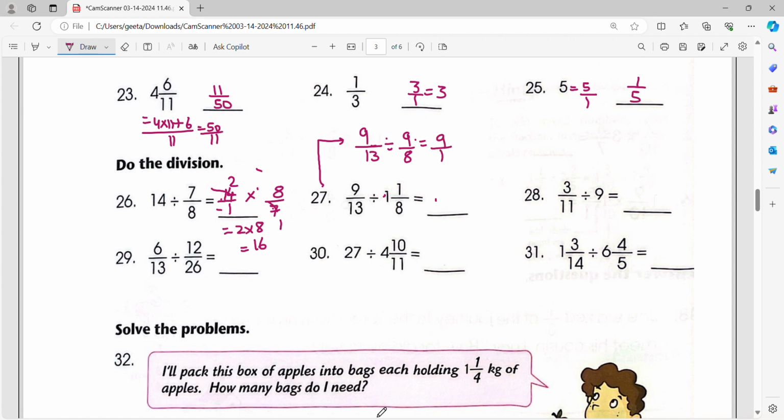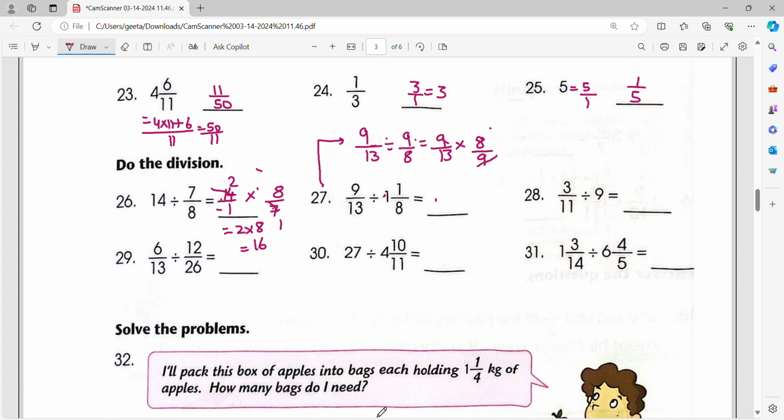This is the symbol of divide. 9 by 13 divide. But I have to convert this divide into multiply. So what should I write? What will happen to 9 over 8? Will it become 8 by 9 or not? Very good. It will turn to reciprocal.